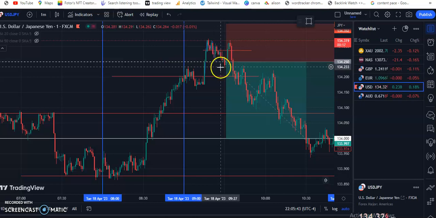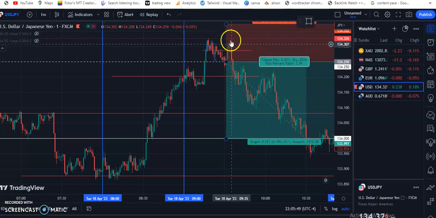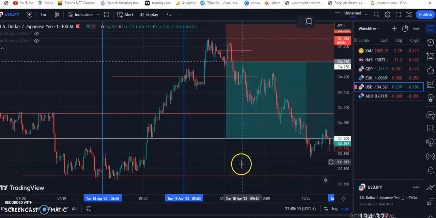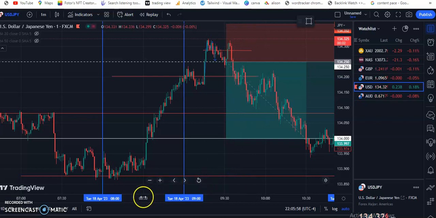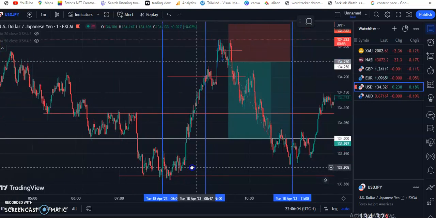So, as you can see, I got in at the round numbers with my 15 pips stop loss, a target of 25 pips. A nice, beautiful trade setup that is aligned with the existing trend.